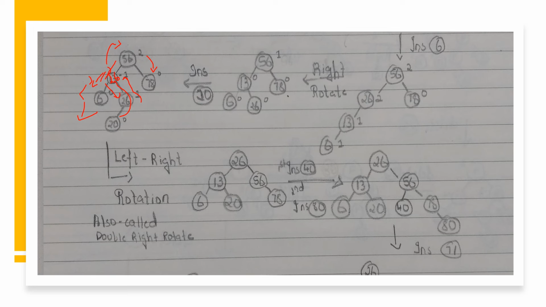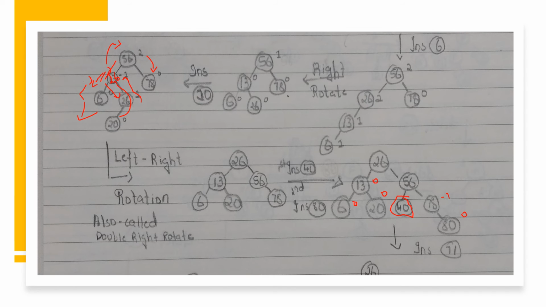So the next step is we are inserting 40. So 40 is inserted. There is no problem here, and now we are inserting 80. Let's just write the height of the trees, the balance factor. So this is 0.